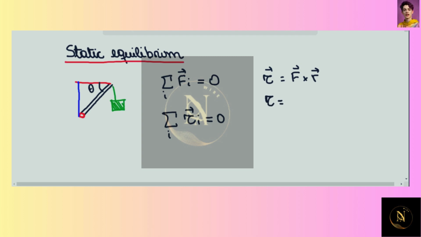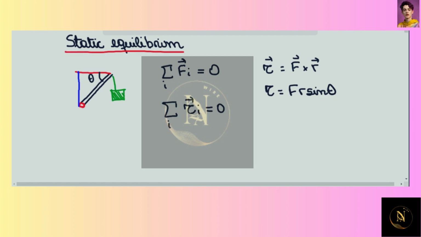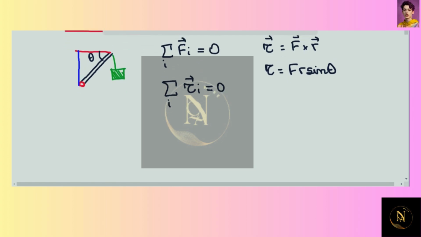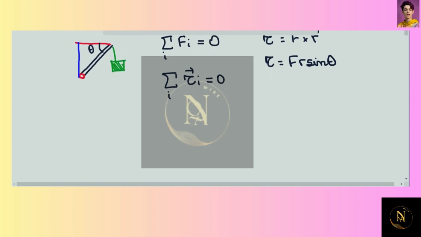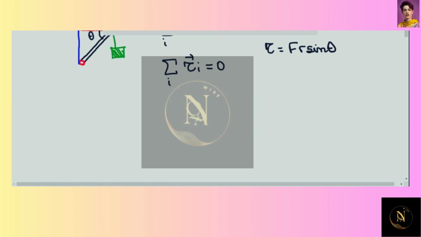And so the magnitude of the torque can be written as F times R times the sine of theta, where theta is the angle between the force being applied and the line that connects the center of rotation to the point where the force is being applied. Okay, so now we can move on to our exercise.